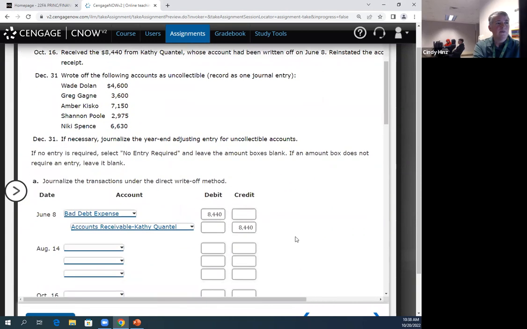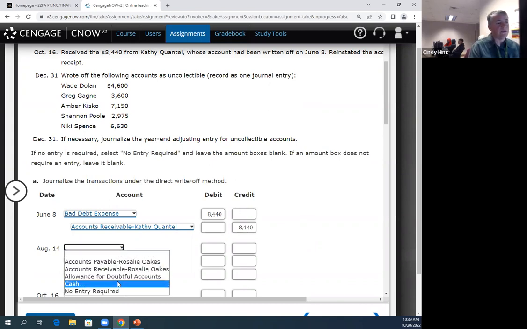So this sounds like someone, maybe a judge, had said she's declared bankruptcy, and so we've taken the assets that she has and decided how much each creditor gets. Here's your $3,000. We're discharging the rest of this debt. Do not expect to collect anything more. Again, we're still using the direct write-off method.